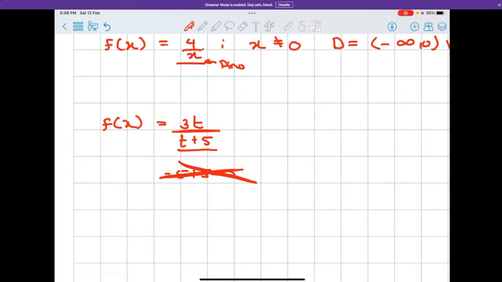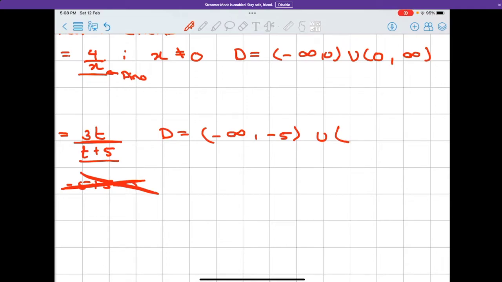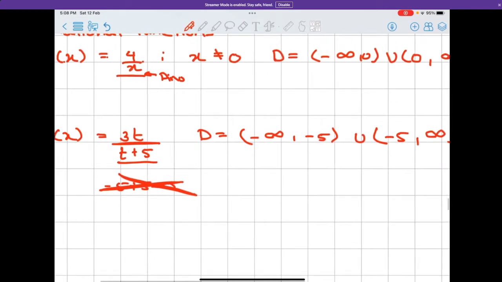So we know that negative 5 cannot be included in the domain, which means that our domain would be equal to negative infinity, negative 5, union, negative 5 and positive infinity, okay? Now let's move on to polynomial functions.